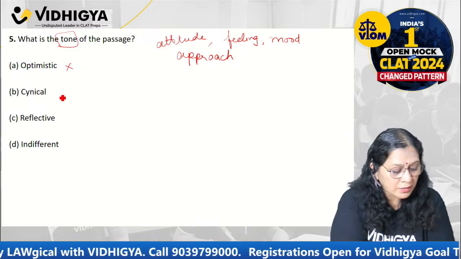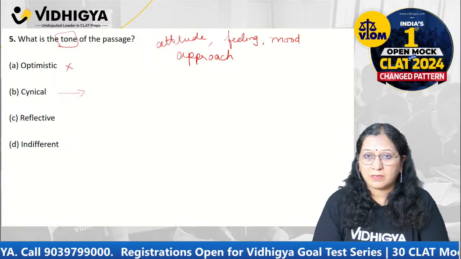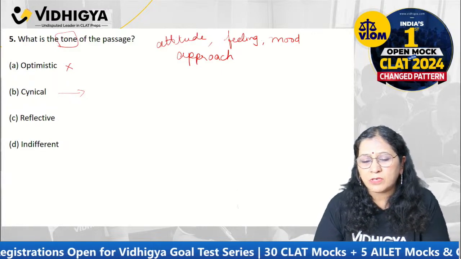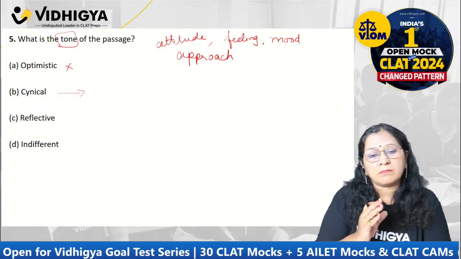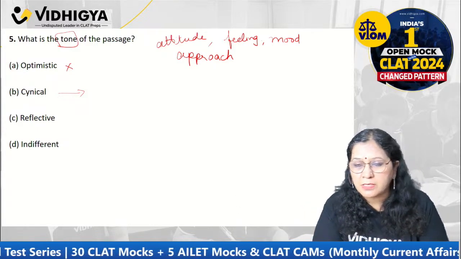Cynical is like nothing good is going to happen. Right? See, if optimism is that good is going to happen, cynical will be nothing good is going to happen. Pessimism is like something bad is going to happen. A slight difference between pessimism and cynicism.